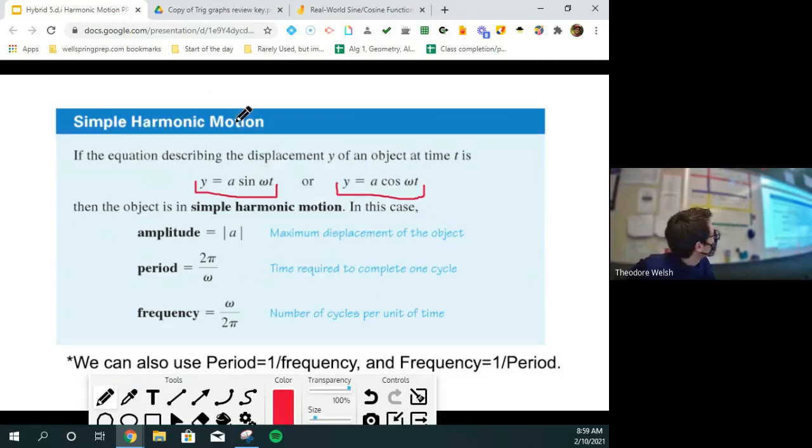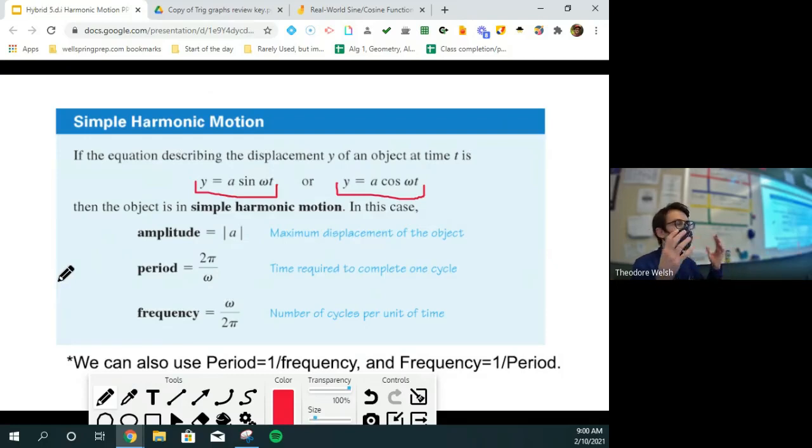And in most situations, we don't necessarily work with horizontal shifts or vertical shifts, because with harmonic motion being repetitive, you can choose to set time at 0 at the center or at the maximum. So we can basically place that sine or cosine function with the middle on the x-axis if we have knowledge of those high and low points. That's why you don't see a vertical shift or a horizontal shift, a phase shift, written in these functions.